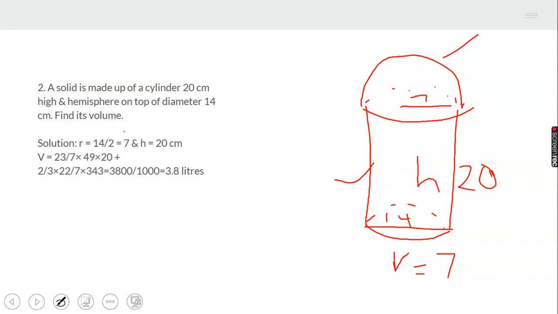And this is the solution. Volume of this hemisphere will be 2/3 times 22/7, because it's half of a sphere, pi r cube. This is the volume of this hemisphere. Why we've done that of the cylinder, I will go through it again.